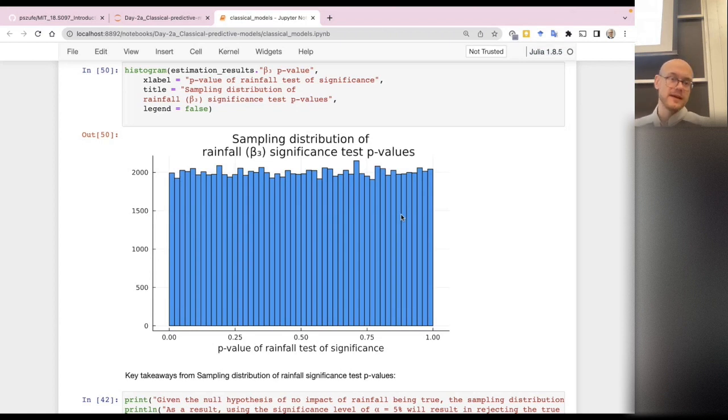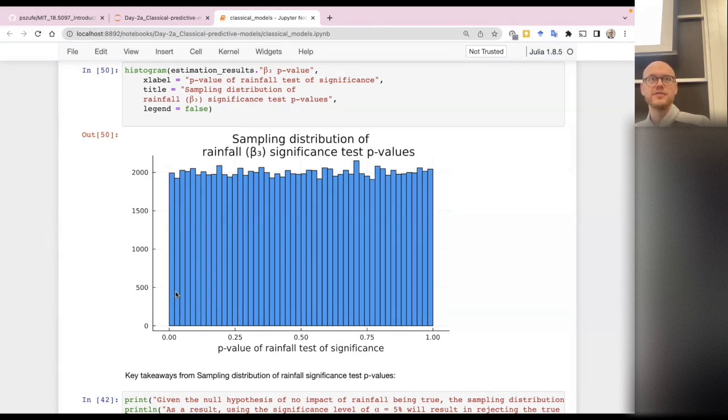What does it mean? It means that if we take a 10% threshold as our significance level, we should expect to make errors in 10% of cases. So you see that here we have 10% of simulation results which resulted in rejecting the null hypothesis, stating that there is no impact of rainfall on demand.